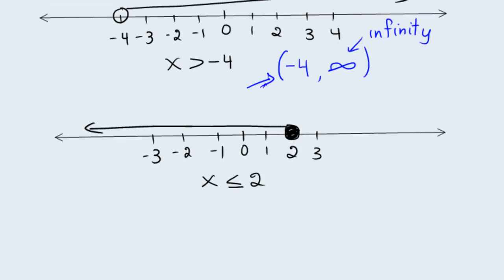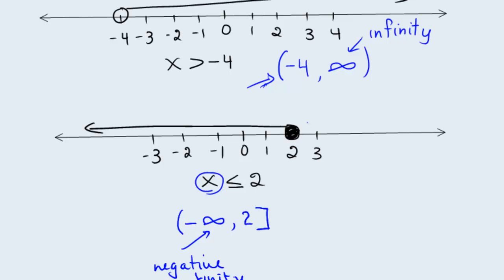Let's look at the next one. Here we're talking about all the real numbers less than or equal to 2. So I write with a new symbol everything on the left. This is negative infinity, up to 2, and I use a closed bracket because this right here is darkened.